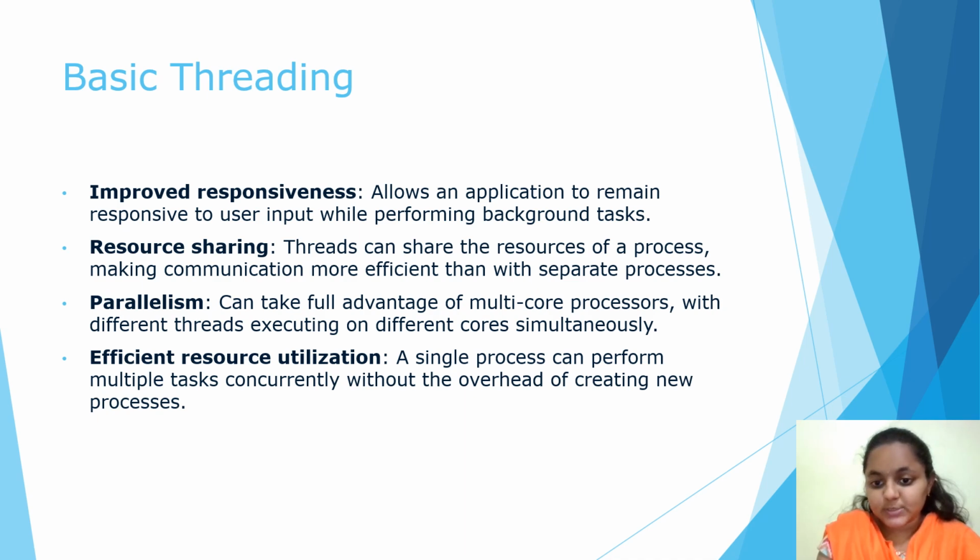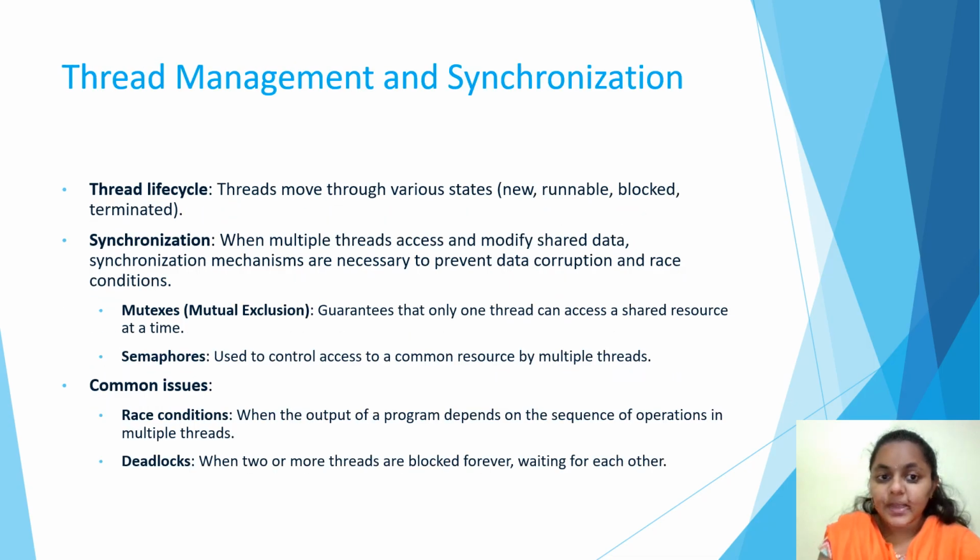Efficient resource use: lower overhead than creating multiple processes. A real-world example: a web browser has multiple threads, one for rendering pages, one for user input, and one for background network requests.